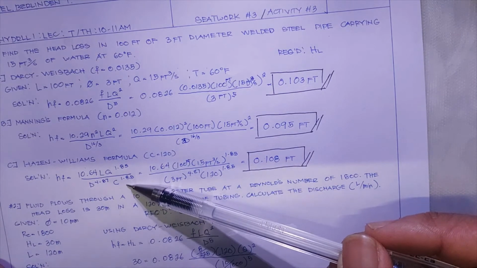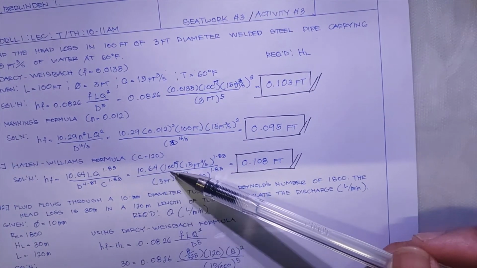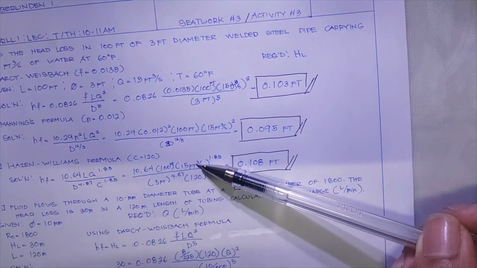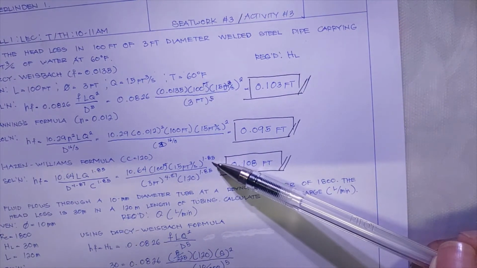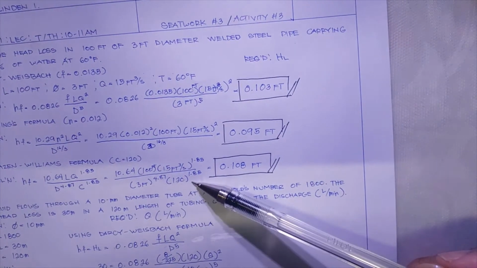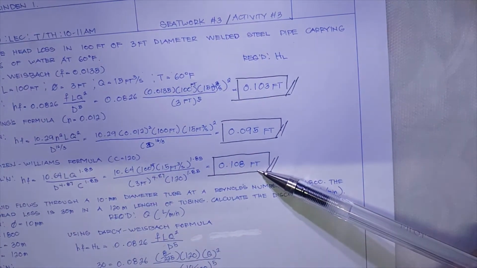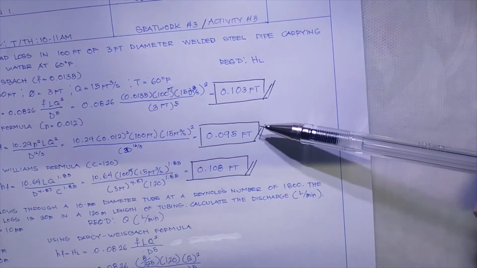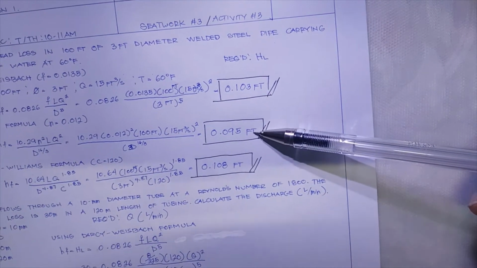So 10.64 times 100 feet, which is the length, times 15 cubic feet per second raised to 1.85, divided by 3 feet raised to 4.87 times 120 raised to 1.85, and the answer is 0.108 feet. And these are the values of head loss using the 3 formulas given.